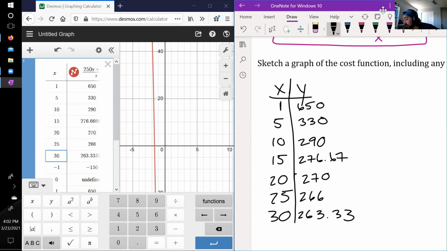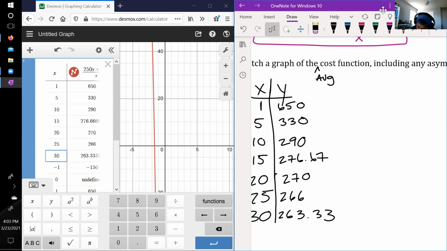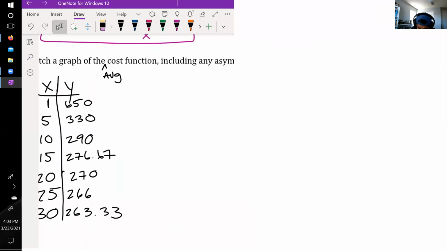Okay, so there's my XY chart, and this should say average cost function. That's what we're graphing here. Okay, now back to this.